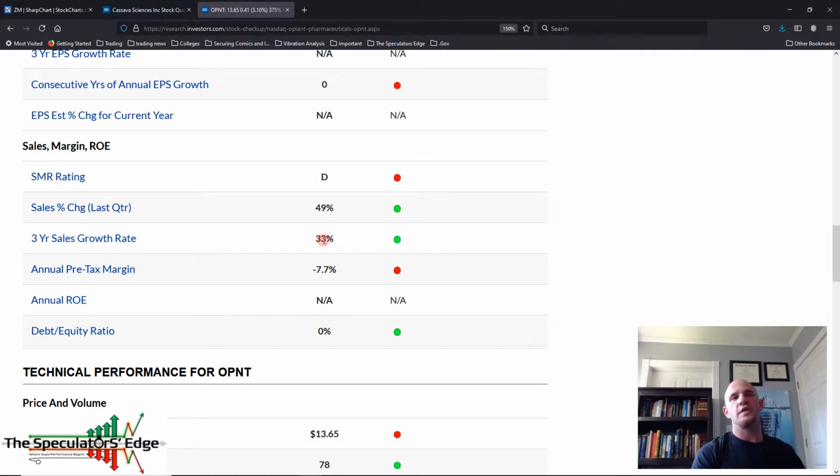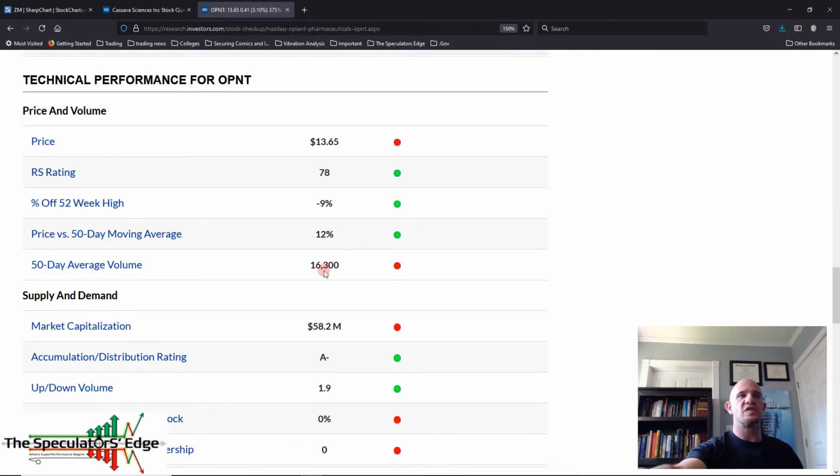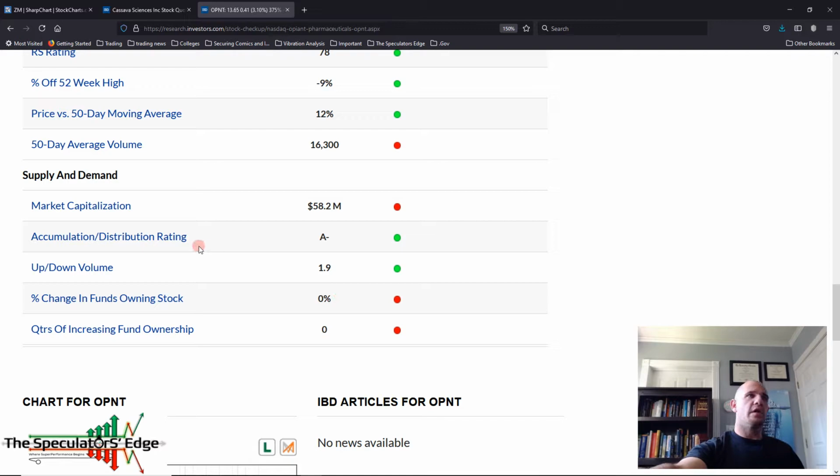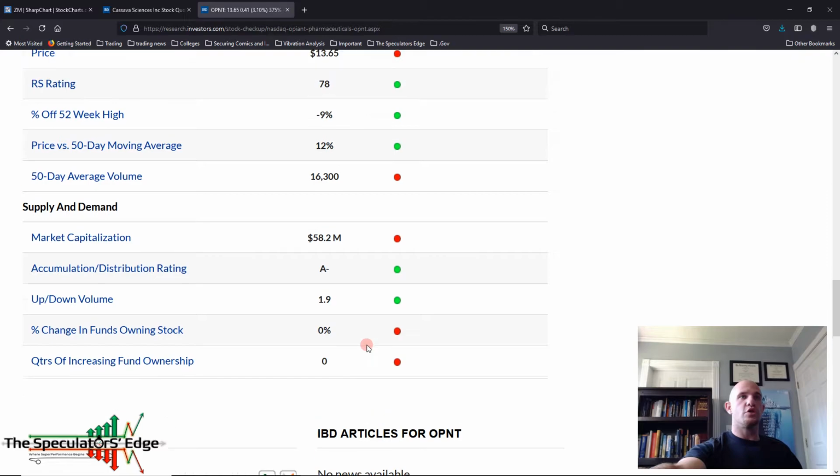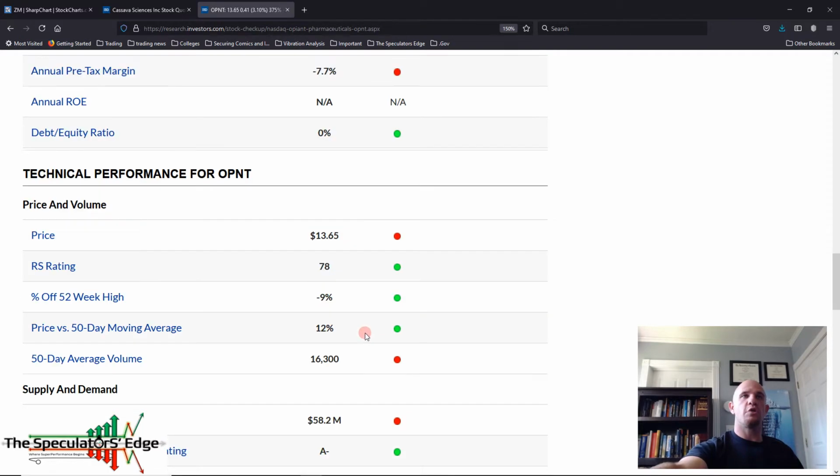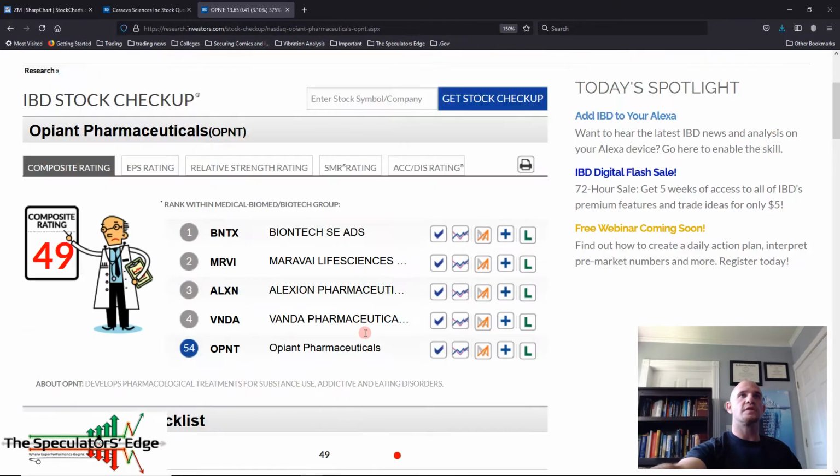Their product is working, and they're able to sell it. So there is demand. The accumulation distribution rating is an A-. That's good, but we don't really have a percent change in funds owning the stock, nor quarters of increasing fund ownership, but there is accumulation within this stock at this time.